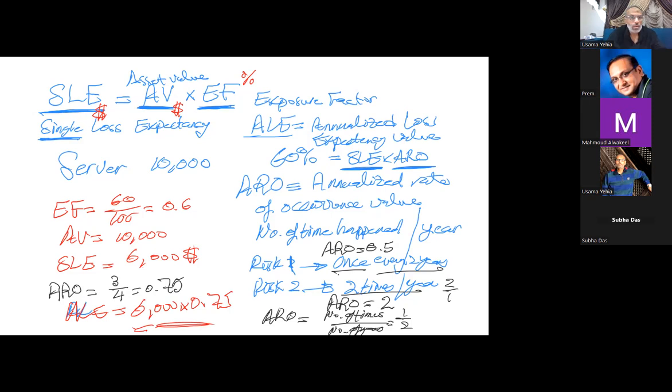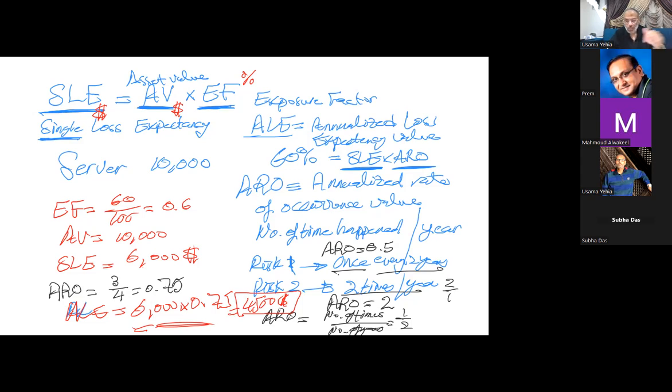It is 4,500. This means that this risk will represent $4,500 for the company if this risk happens.